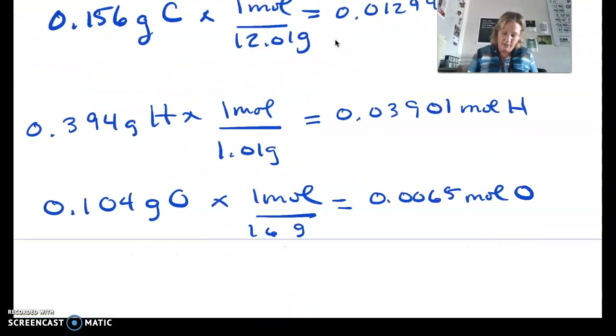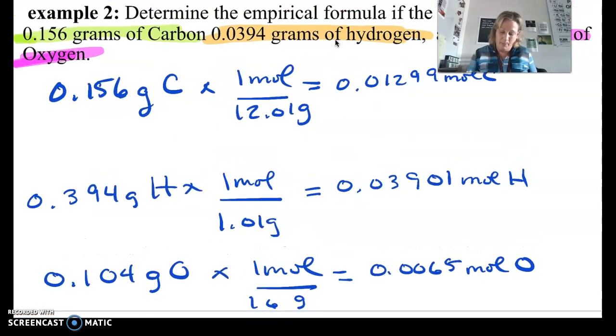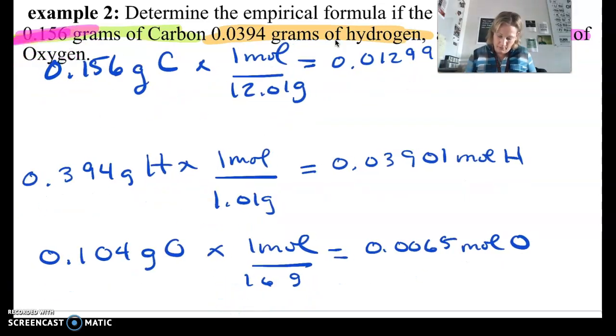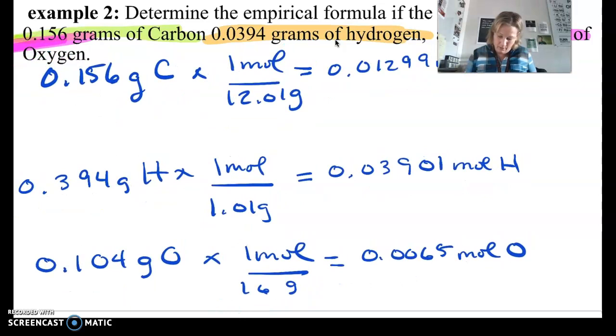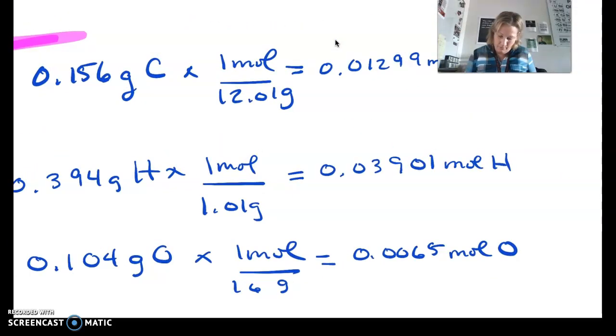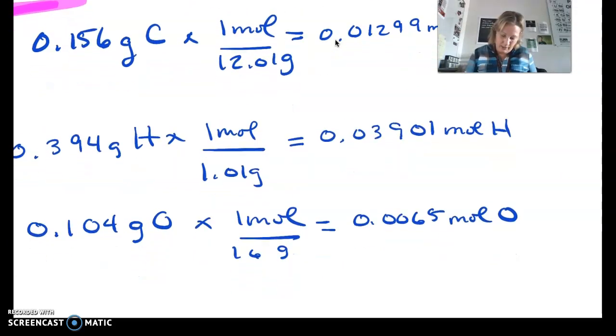So now the next step is that we would divide them by whichever number of moles is the smallest. So let me do that with you. I'm going to do it in a different color.